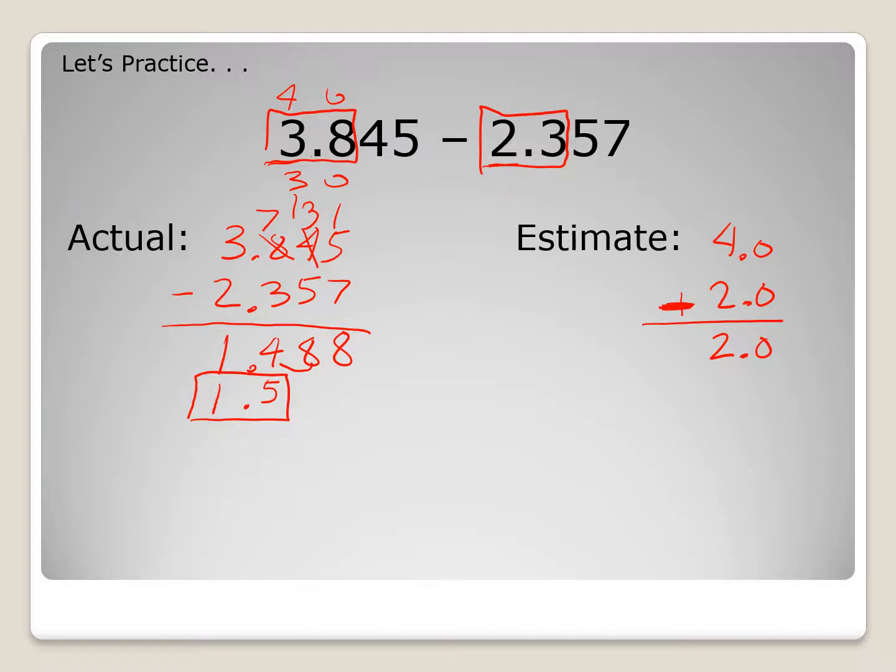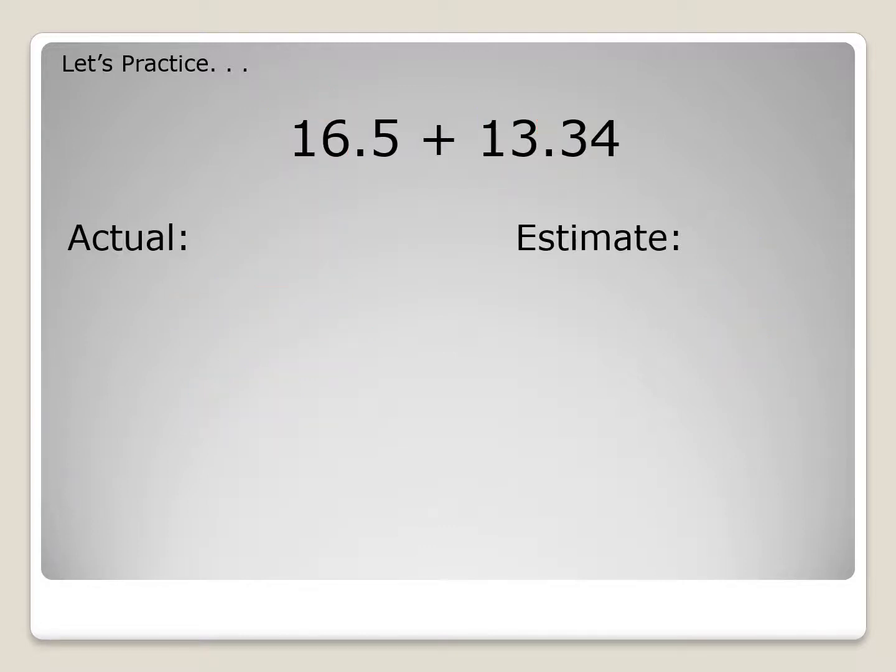All right, how about another practice problem? This time we're going to add. 16 5/10 is about 17. 13 3400 is about 13. If I add them, I get about 30. Because 7 plus 3 is 10, carry the 1, 1, 2, 3.